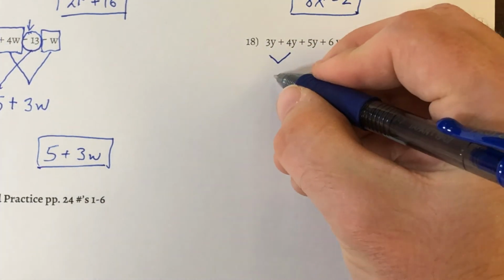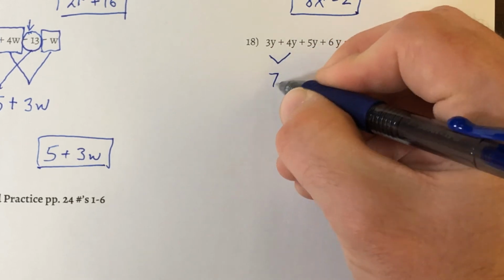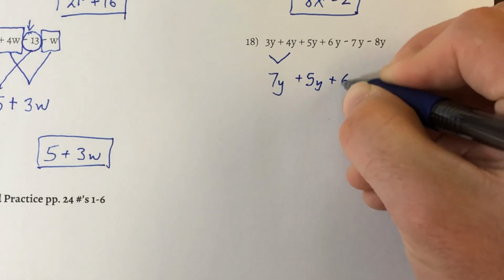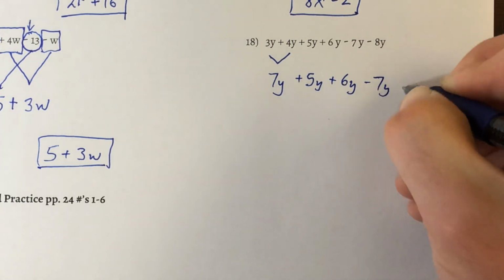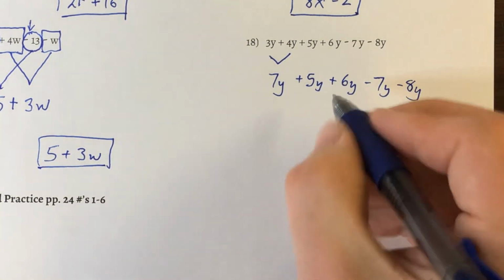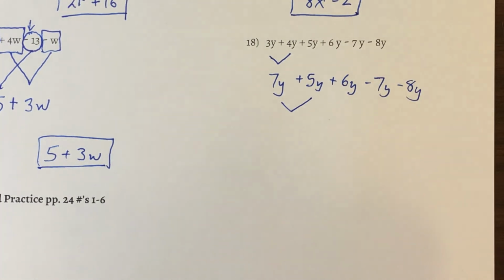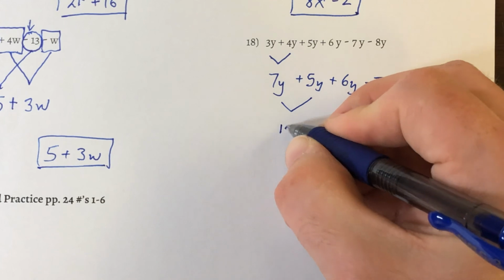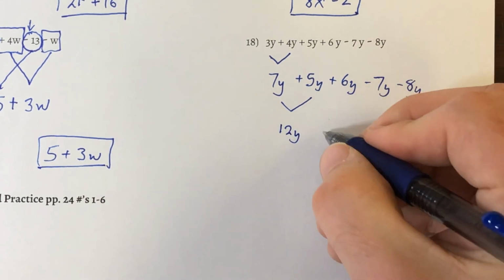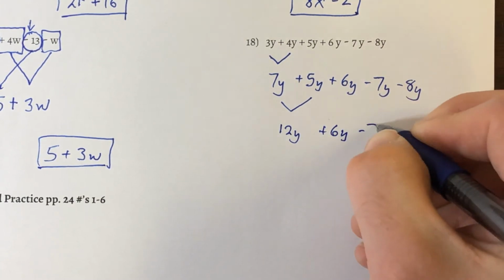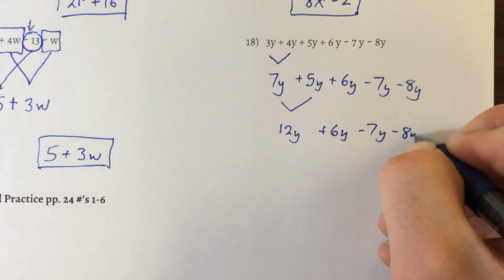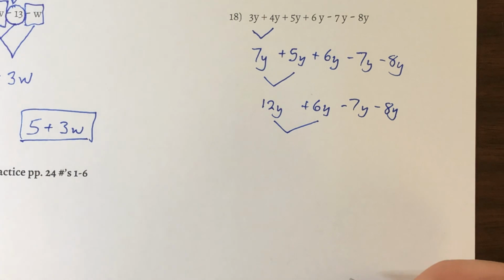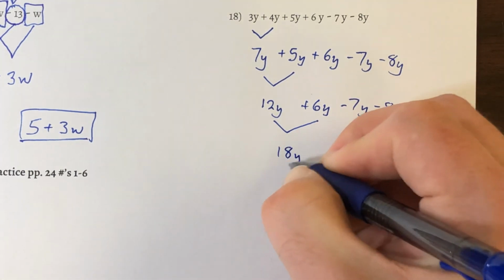3y plus 4y is 4, 5, 6, 7y. Bring down your positive 5y plus 6y minus 7y minus 8y. Next, 7y plus 5y. That's going to be 12y. Bring down your plus 6y minus 7y minus 8y. Next, 12y plus 6 more y, you're going to get 18y.